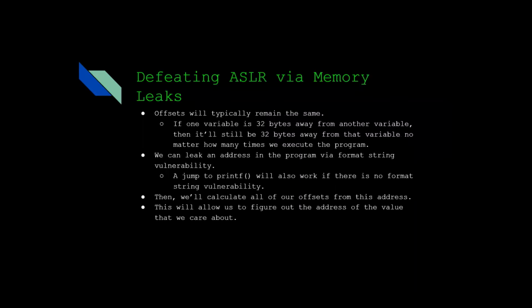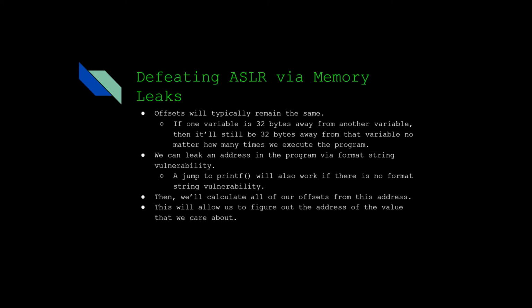A much better way to defeat ASLR is to use something called memory leaks. Memory leaks, as I discussed in the format string lecture, basically mean we're going to leak out some memory from the stack, and we're going to see some address that's on the stack. Now, one thing to note about ASLR is your offsets will always be the same.